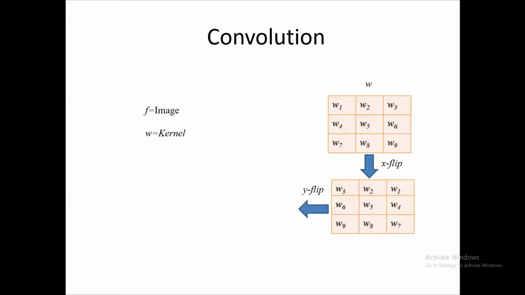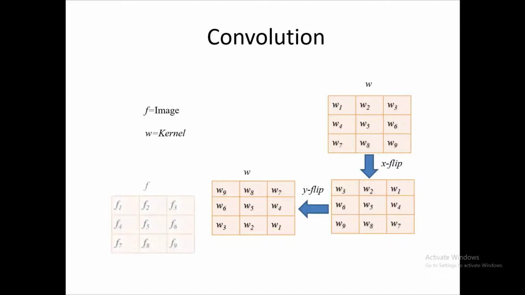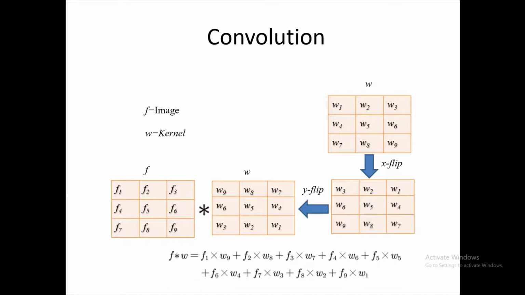Again we flip it in the y direction, and we get the final flipped convolution kernel. We multiply and get the sum of product, and finally we get the result. Here f1 is multiplied with w9, f2 is multiplied with w8, and f9 is multiplied with w1, and finally we get the result after the sum of product.